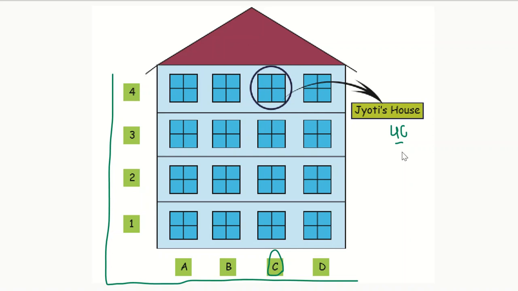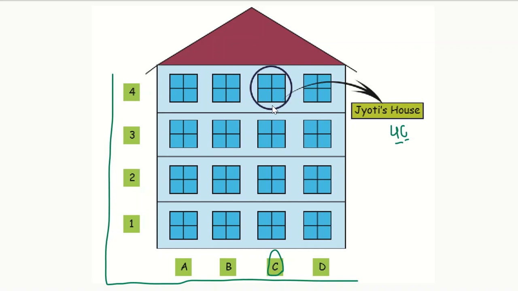To easily identify at which floor we will find Jyoti's house, Jyoti has given us the number 4. That means first we have to move up and we will reach floor 4, and there we will find house number C. In this way we will get Jyoti's house.